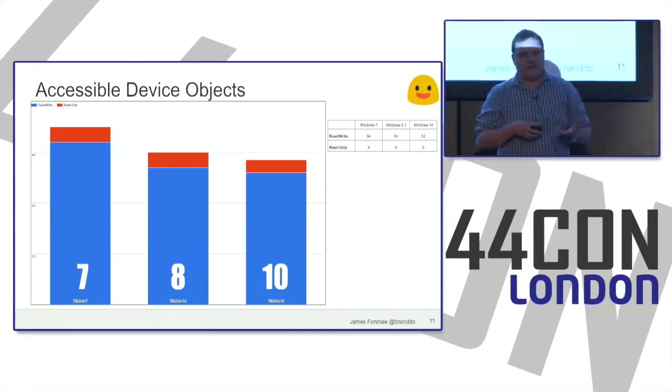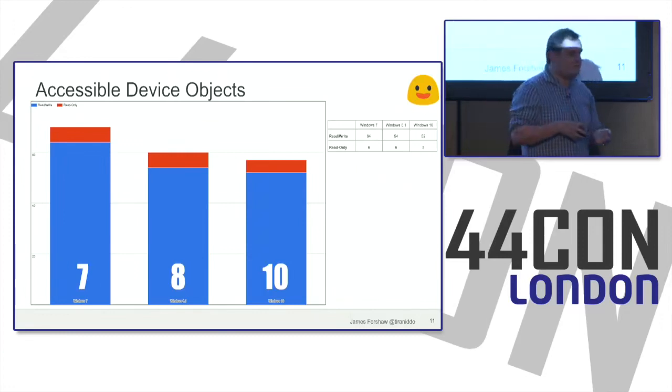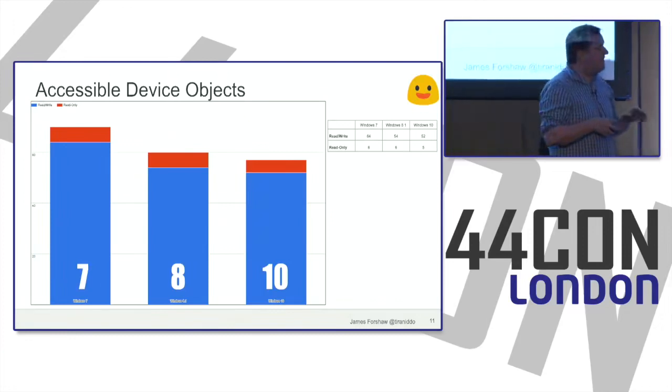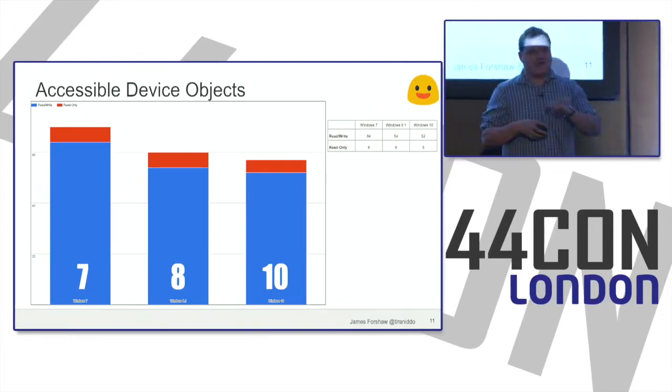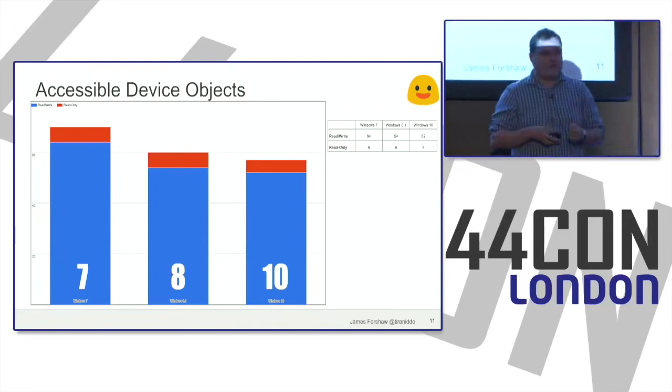Device objects are user-accessible device nodes, effectively like /dev in a Unix system, which basically allow you to connect and send commands to that device driver. And these are figures taken from just a normal user, so not an administrator user, just your normal, everyday, standard user.